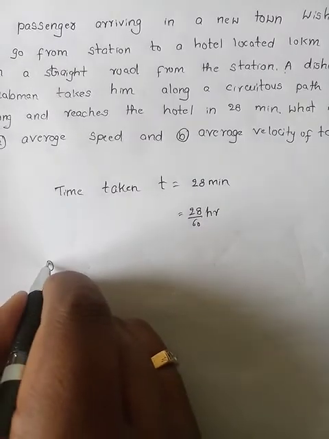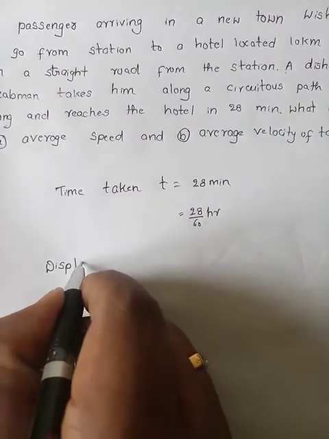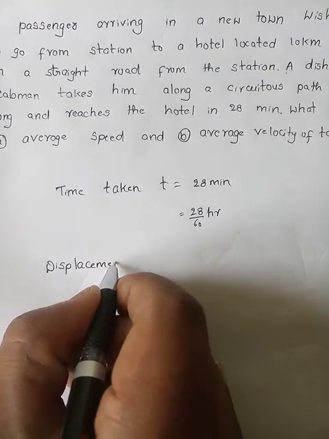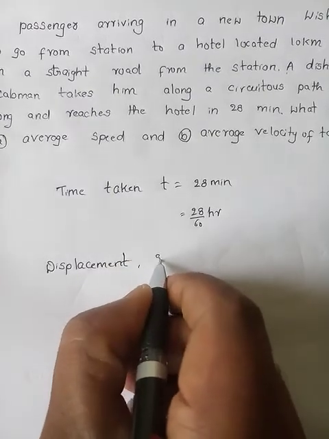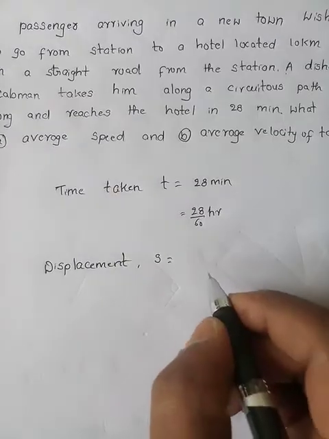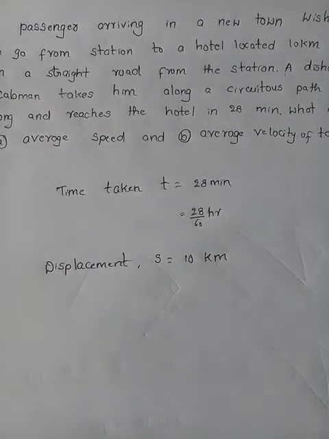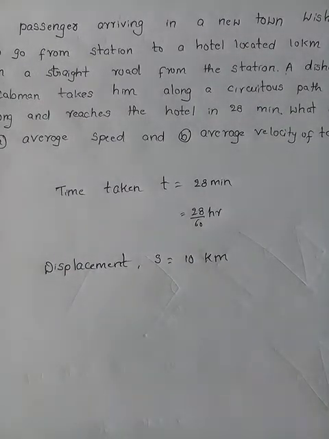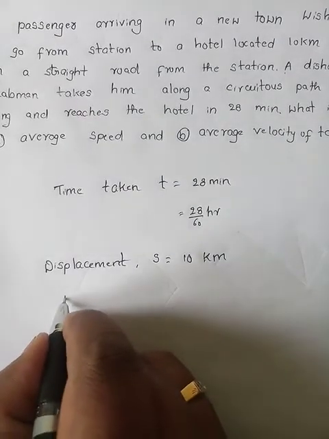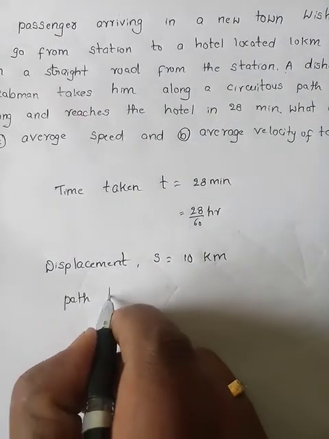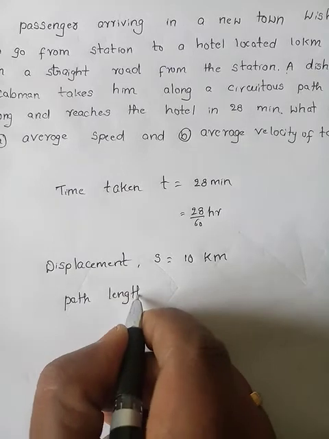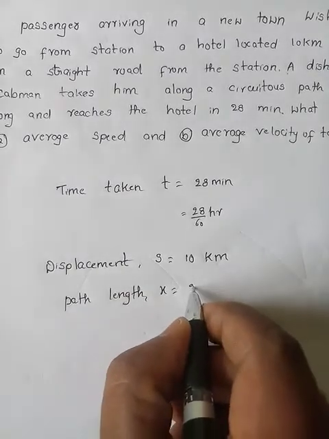Now, displacement of the taxi. Actual distance is the displacement, right? Because the hotel is situated exactly 10 kilometers away on a straight road, but the dishonest cabman has come along 23 kilometers. So how much distance he travelled? That is called path length. That is distance travelled.